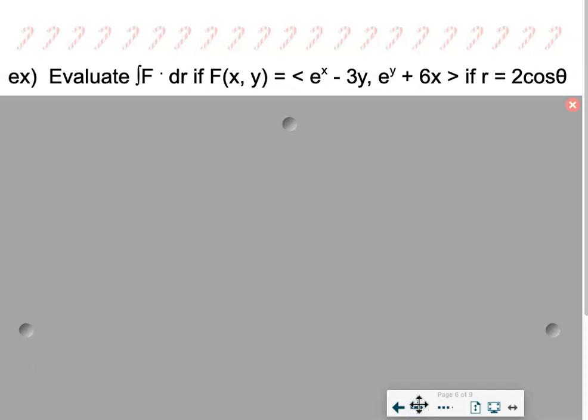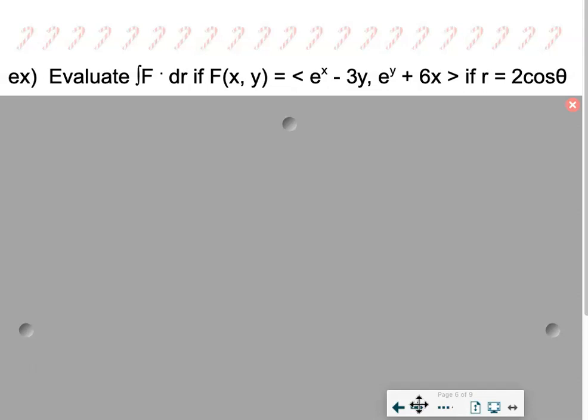So evaluate the integral of F dot dr if your vector field is e to the x. I thought it'd be good to put some e's in. E to the x minus 3y, comma, e to the y plus 6x. If your r, your path, is 2 cosine theta. Why do I not have any limits?